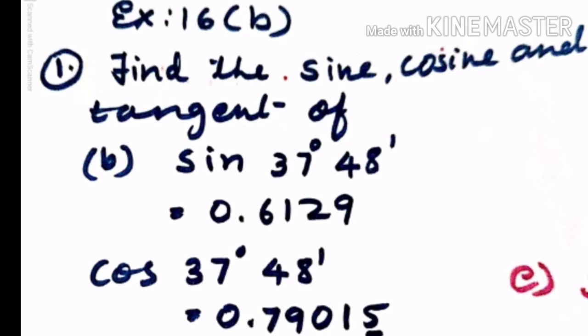After that, in the horizontal column you will check 48 minute. So 37 degree is 0.60181, and that is not your value, but you have to see in the same line of 37 at 48 minute, that is 0.61291.